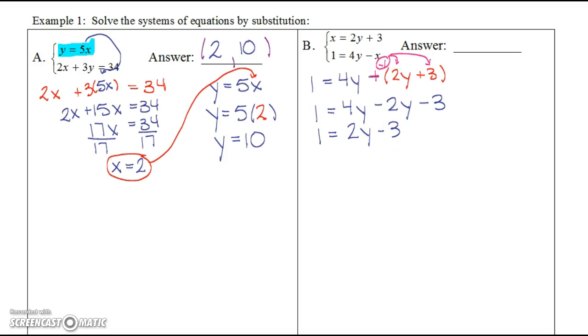To solve, I will add 3 to both sides. 4 equals 2y. When we divide both sides by 2, y equals 2. So, as a part of my final answer, which is a coordinate, my y coordinate has a value of 2.